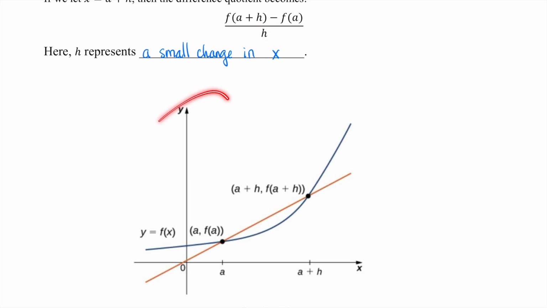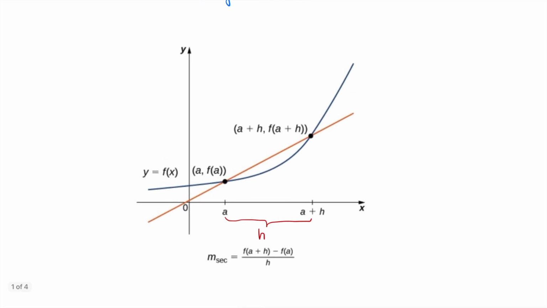If you look at this graph, this is a, this is x, which is a plus h. h is the distance between a and a plus h. In this graph, my first point is a comma f of a.